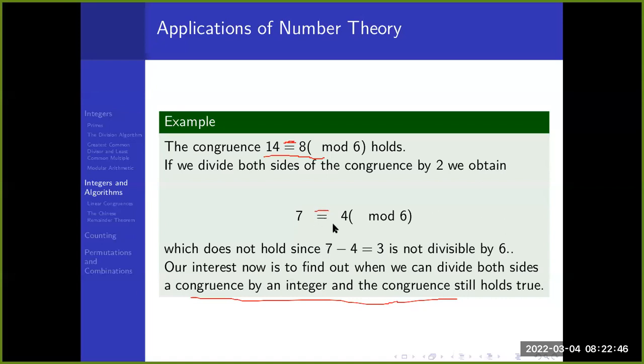But if we check, 7 minus 4 is equal to 3, but 3 is not divisible by 6. So technically, we end up with this as a conclusion: 7 is not congruent to 4 modulo 6. So this tells you that it doesn't work like the usual equations where you can divide both sides by the same number.